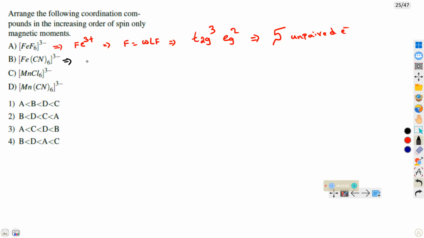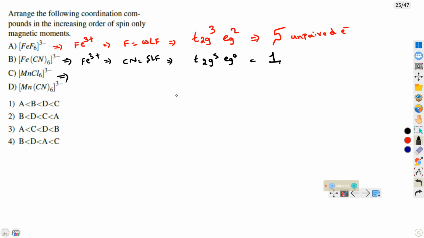[Fe(CN)6]3-: here also Fe3+, but CN is a strong ligand field. So t2g5 eg0, it contains only 1 unpaired electron.